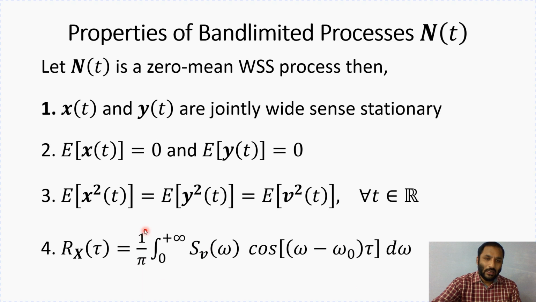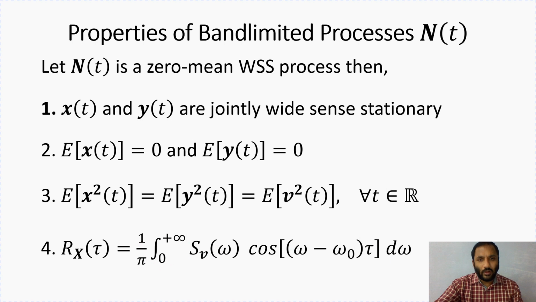And we can see that the normalizing constant is actually 1 by pi, because we have changed the limit of this integral. Because this is an even function, the integral from minus infinity to plus infinity can be written as twice the integral from 0 to infinity. So applying those identities, we can obtain this equation.